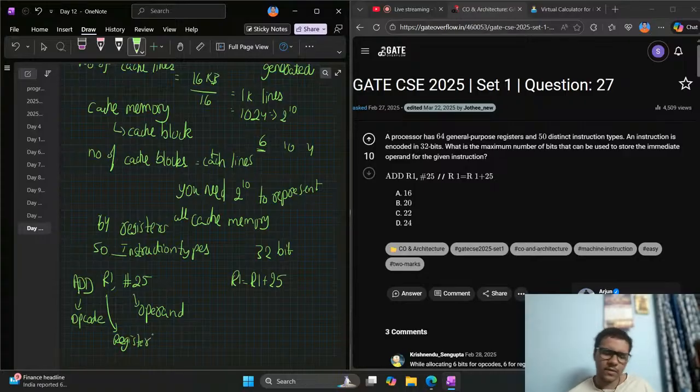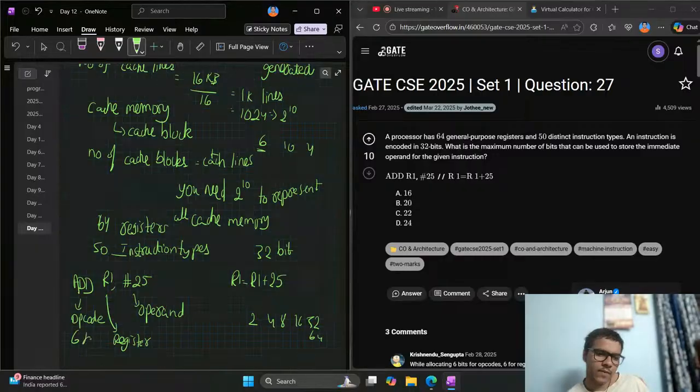How many bits are needed? 50 distinct, so 6 bits for opcode. 64 registers is like 6 bits.